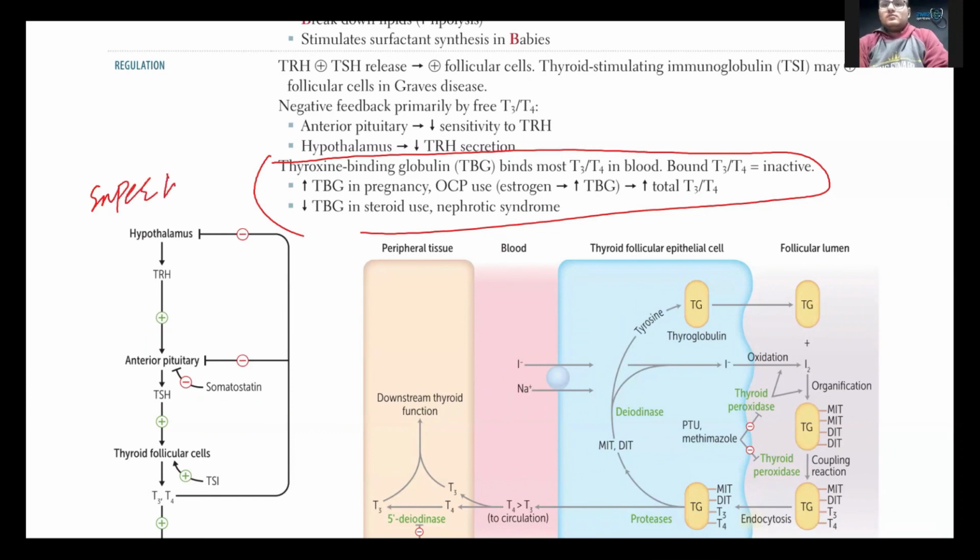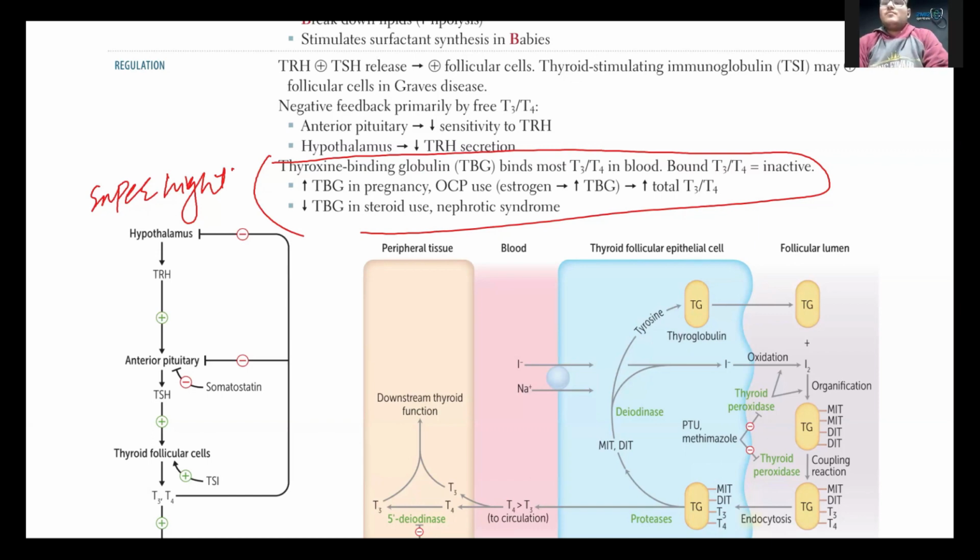What are the conditions that increase thyroxine binding globulin? Very important. Thyroxine binding globulin is a protein present in our body. There are some compounds in our body, like the thyroid and other hormones, that attach to proteins that are normally present in our body at a specific regulated rate.